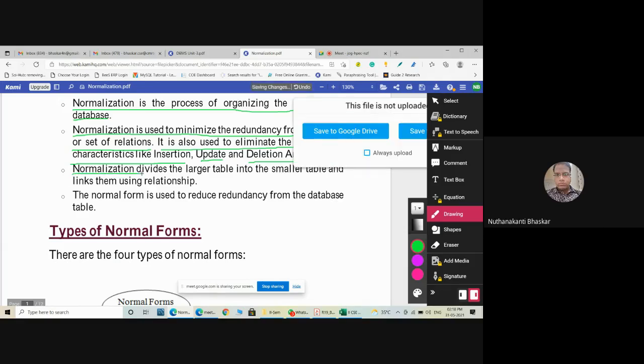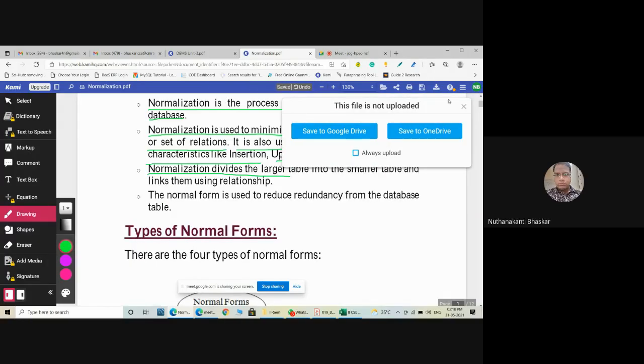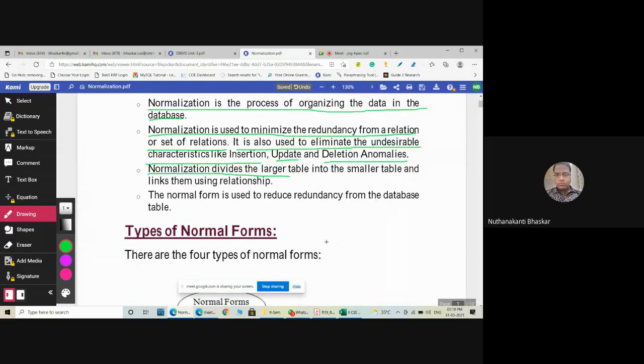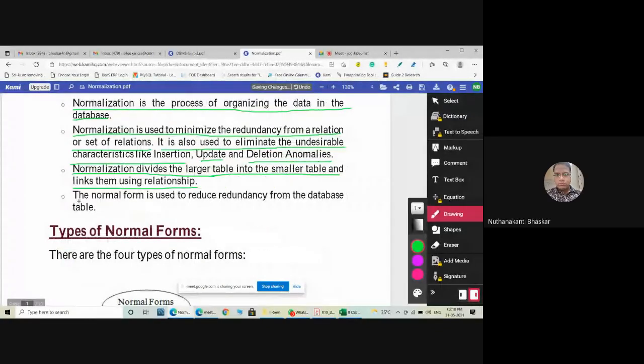Normalization divides the larger table into smaller tables and links them using relationships. Exactly whatever I told you. This is another definition that I am telling.